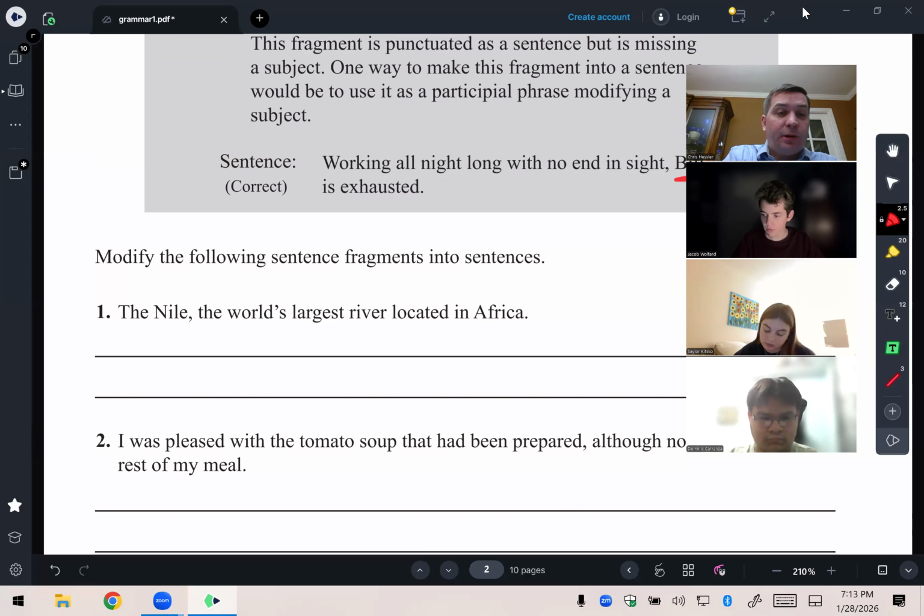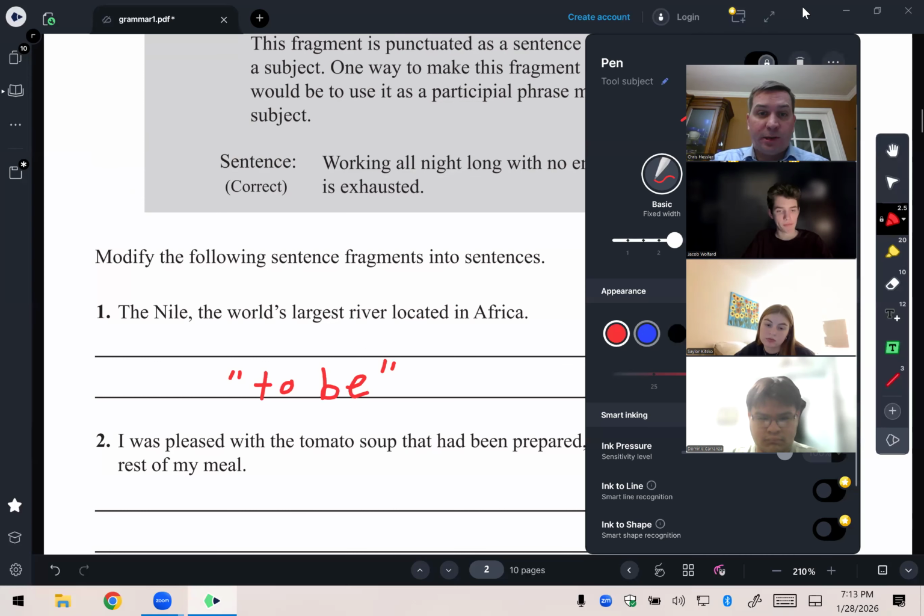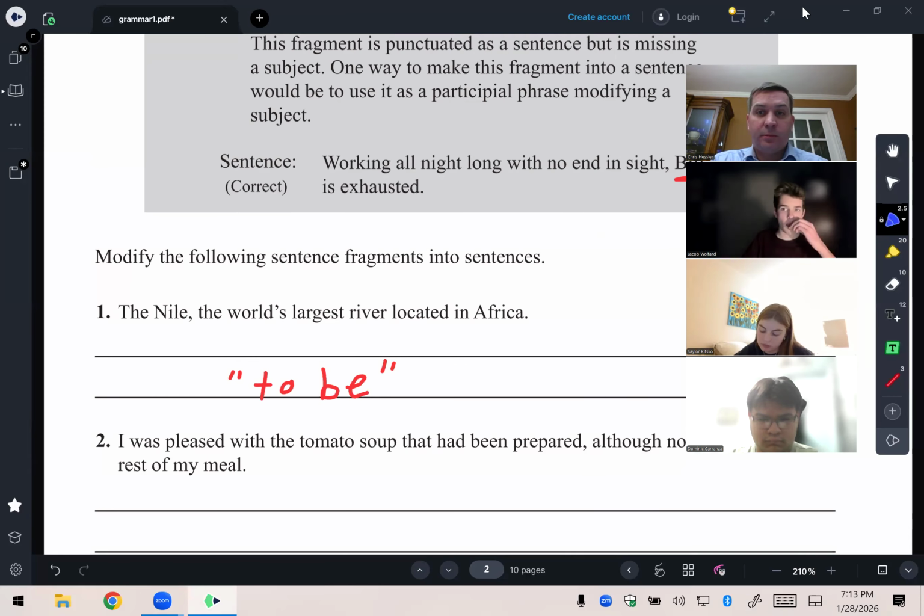We are missing some punctuation and we are also missing a verb. We are missing a form of to be. Anyone want to take a stab at this one? I'll do the next one if you guys want to try this one. We're missing punctuation and we're missing the to be verb in the second half of this fragment.